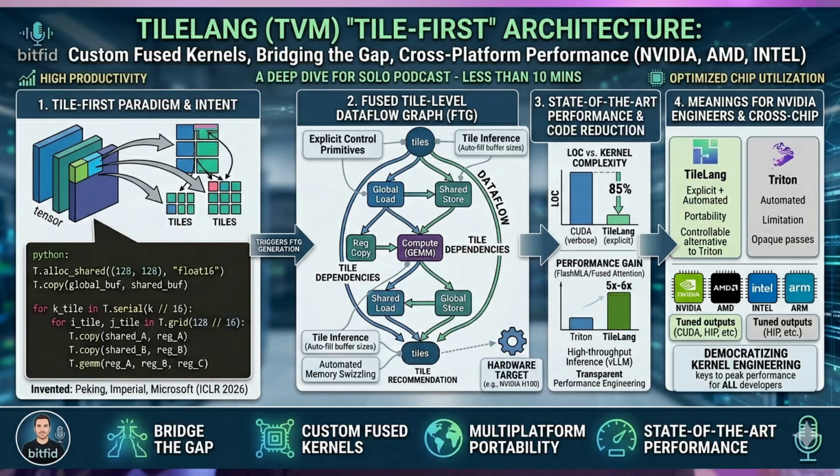TileLang is a Python-based domain-specific language which is built around this tile-first model. Instead of forcing engineers to manually control low-level GPU details, TileLang lets them describe the work at the level of tiles and data flows.